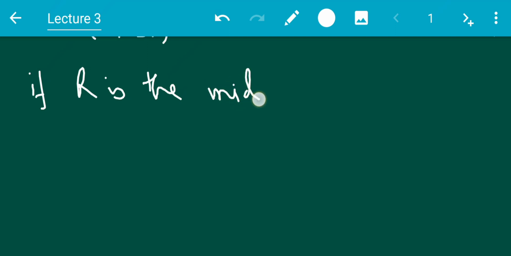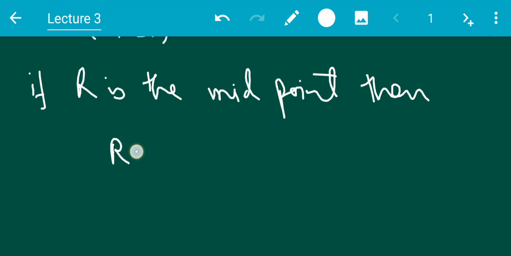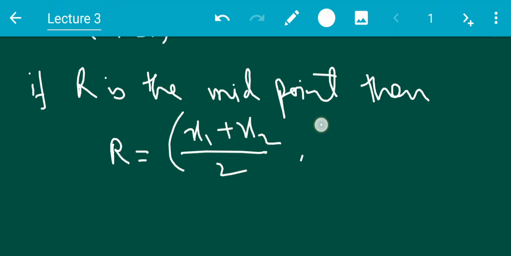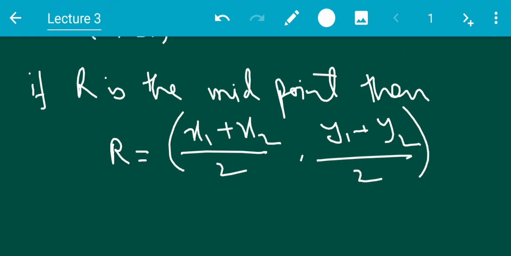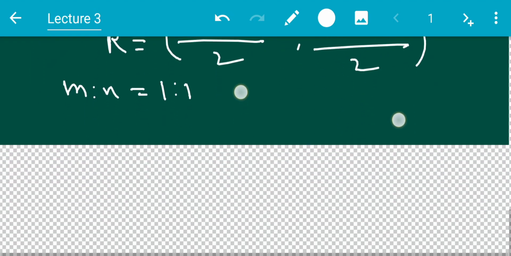So if R is the midpoint, then coordinates of R is nothing but (x1 plus x2) by 2 and (y1 plus y2) by 2. Why? Because if R is a midpoint, then the ratio m:n is nothing but 1:1. So you can apply it in the previous formula, you can see it.